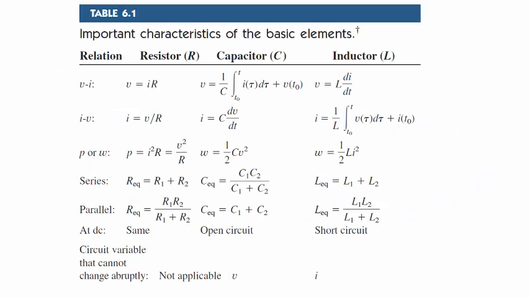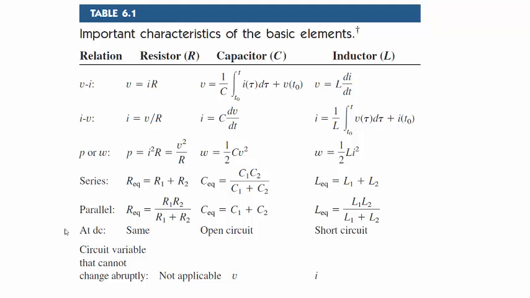So let's compare all three devices. This is a nice table summarizing everything that comes out of your textbook. The voltage-current relationships, voltage in terms of current and current in terms of voltage, for R's, C's, and L's. The power or energy relationships, and then the series and parallel formulas, shown for just two devices in series or parallel.